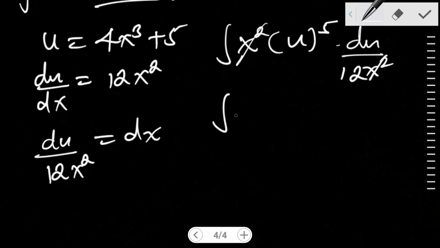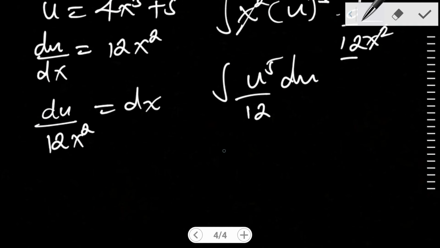So I'm going to have the integral of u to the power 5 all over 12, then I'm having here du. So this is going to be u to the power 6 all over 6 times 12 plus our arbitrary constant.